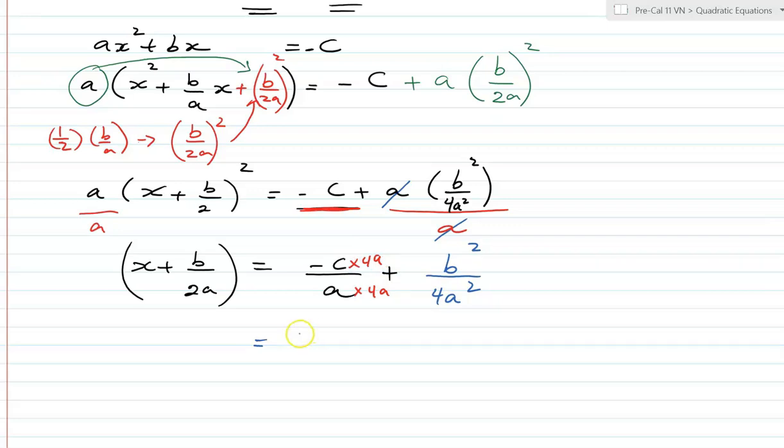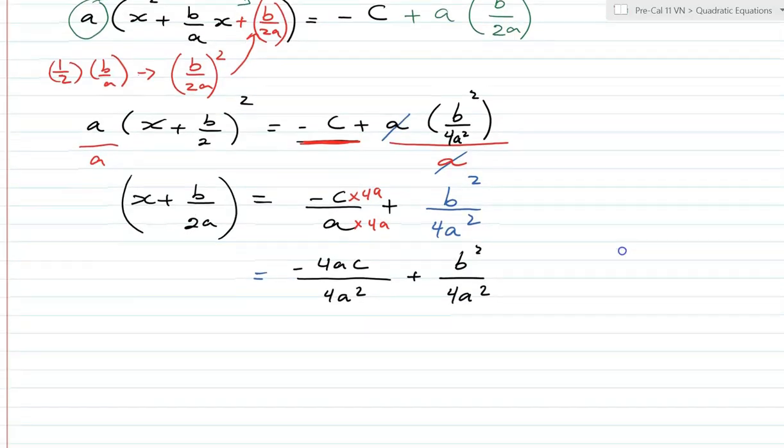I will get minus 4ac on top, and the denominator will be 4a squared, plus the second term, b squared over 4a squared, because we don't need to multiply it by anything since the common denominator is the same. Great. The other side doesn't change, x plus b divided by 2a.